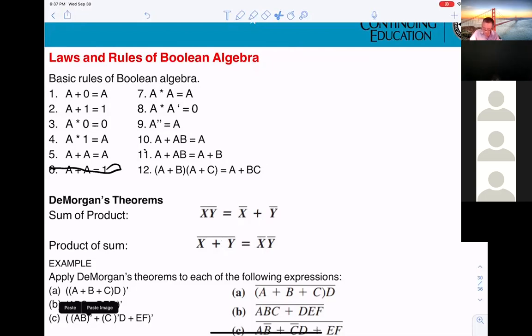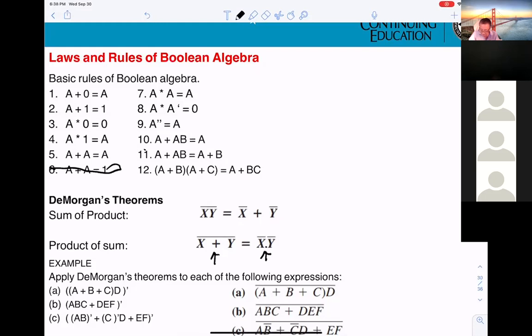The correct way to say it is: under the bar here, X turns out to be not X, and under the bar here, Y turns out to be not Y. The only thing I'm saying is that the or turns out to be an and.